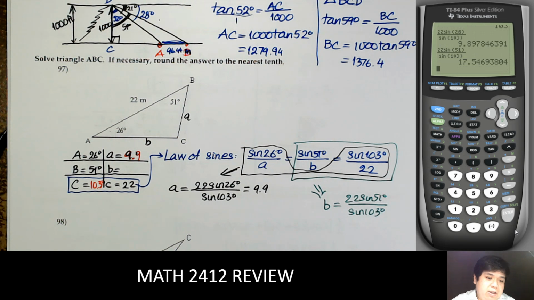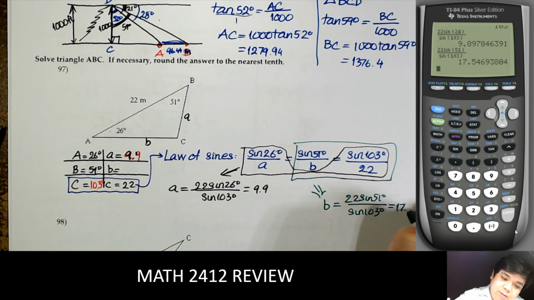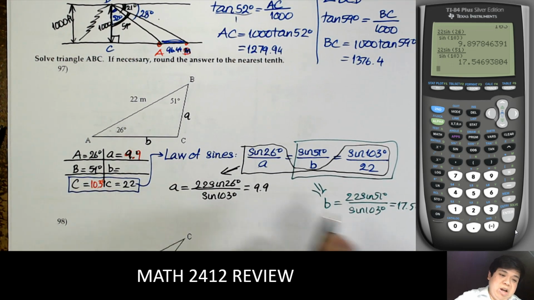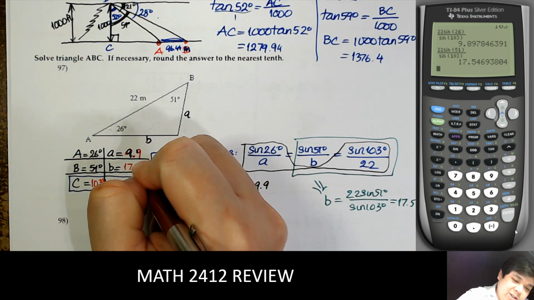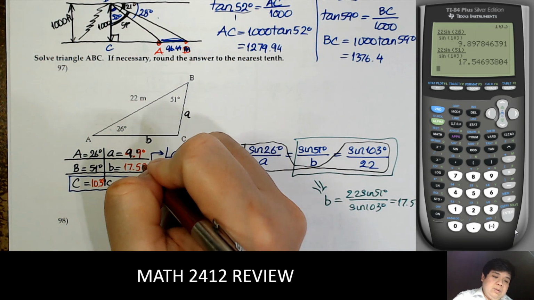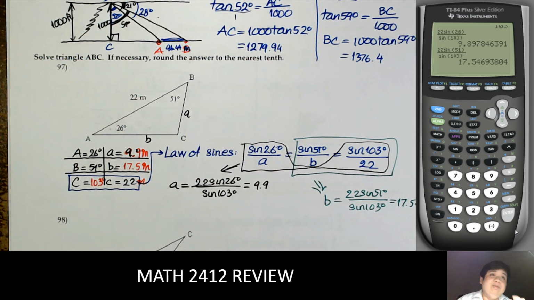And b, we have 17.5. And the unit is whatever unit we use to measure the length here. Oh, actually meters. So 17.5 meters. Sorry.